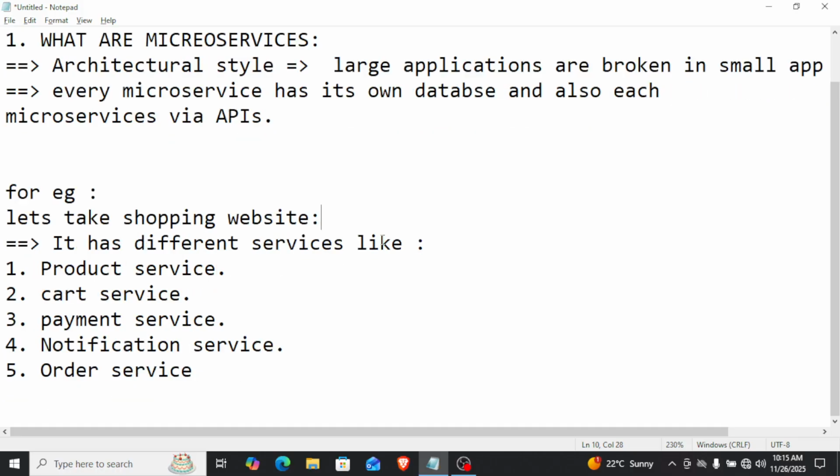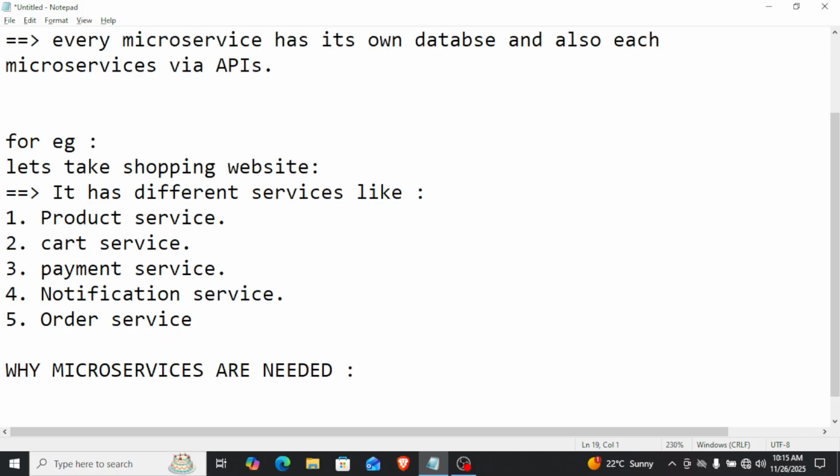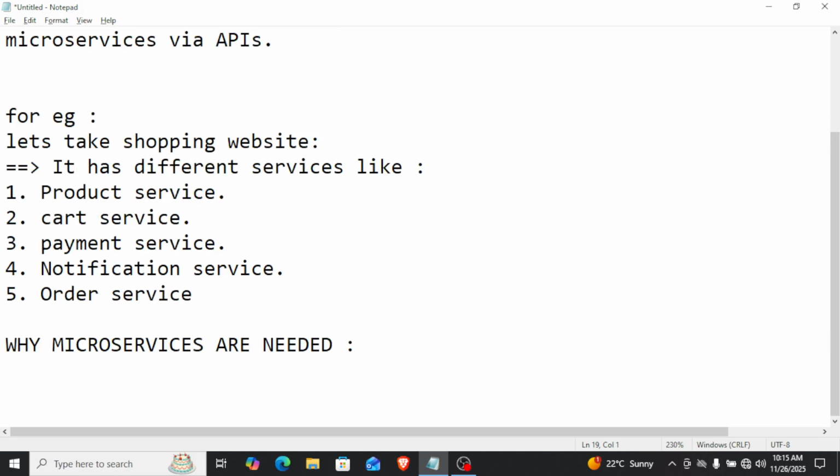Now we will see why microservices are needed. Before microservices, applications were built as monolithic.